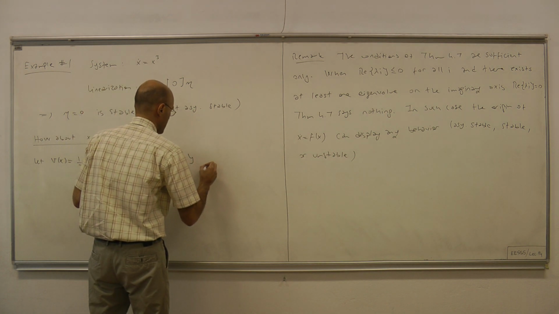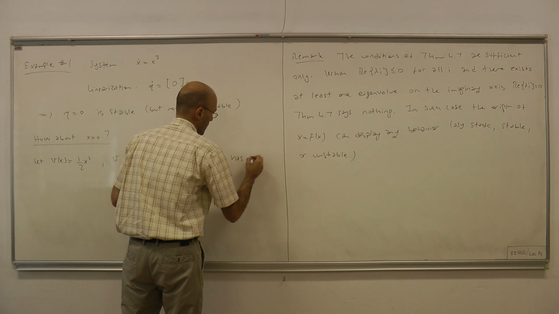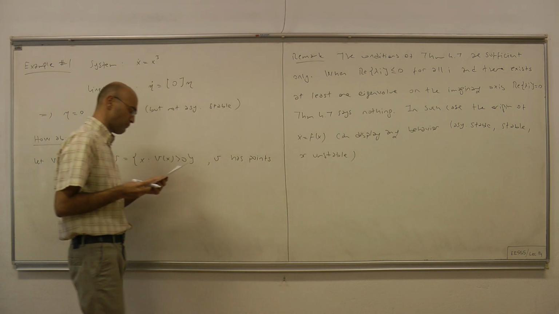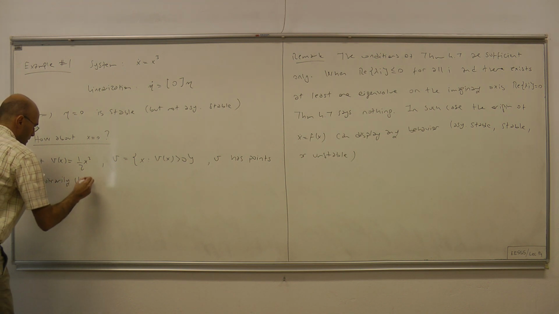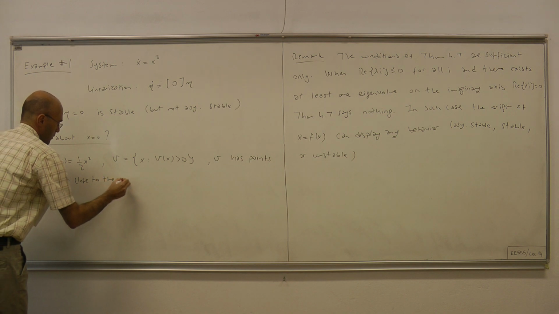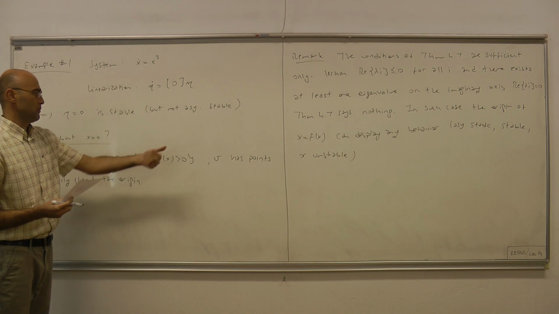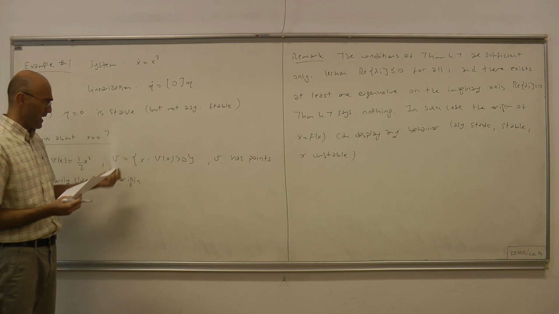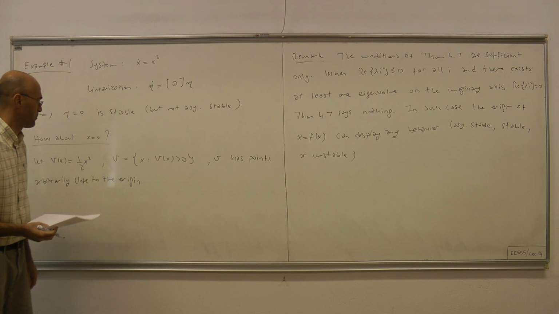And clearly, U has points arbitrarily close to the origin. We're making that explicit because eventually we're going to be using Chetaev's instability theorem.